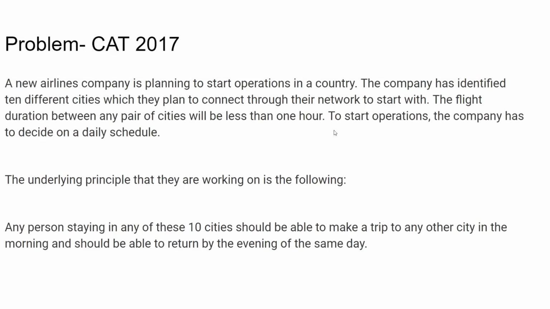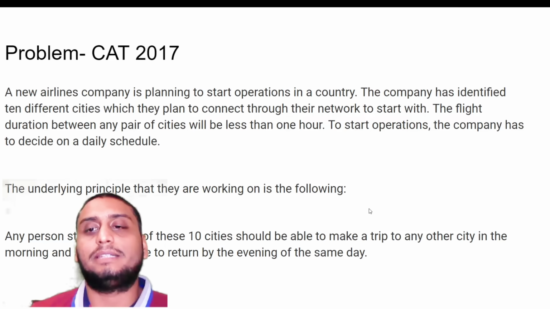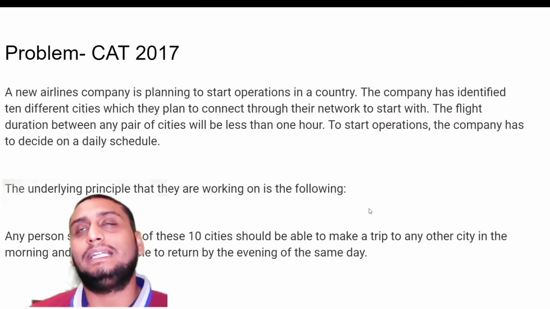There's a bonus problem for you. We'll do this at last. Try this particular problem. Read this instruction and then I will have the question for you. Basically, a flight system has to be built. The only thing is that a person can live in any city and do an up-down.